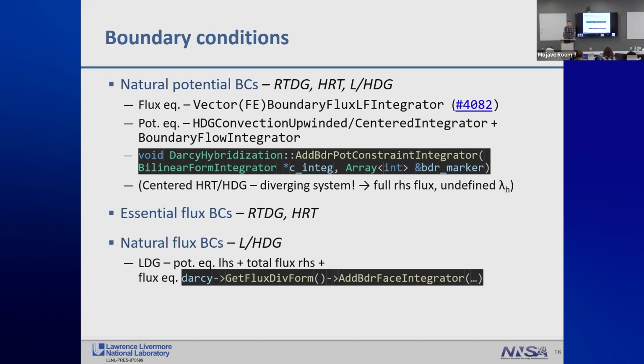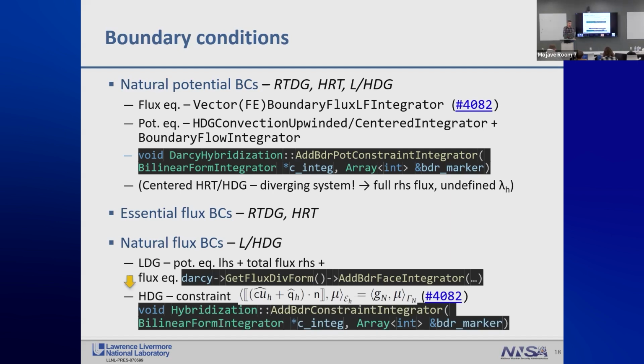But what is new here are natural flux boundary conditions with an LDG or HDG method. So for that LDG, we add boundary face integrator, and this is automatically then detected by HDG or by the hybridization process, and in that HDG is converted to boundary constraint in this form.